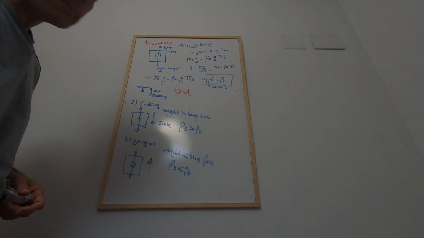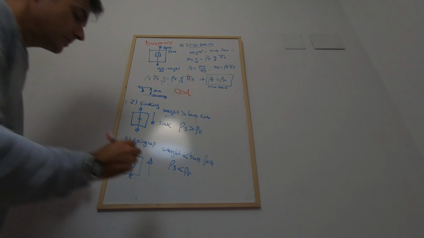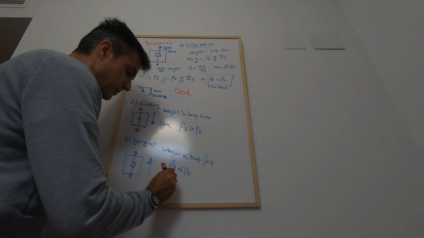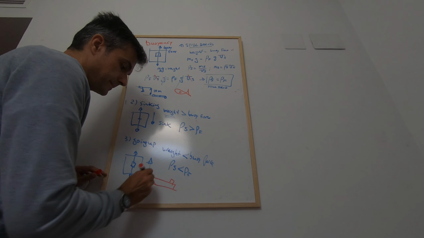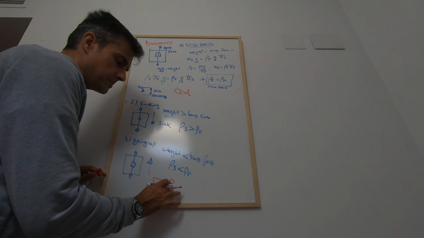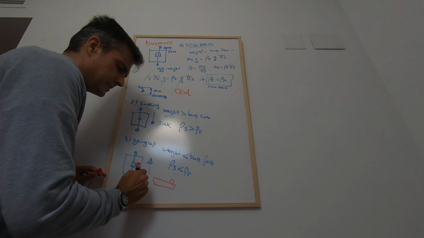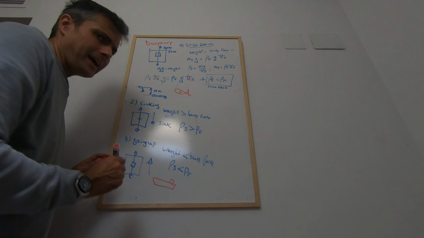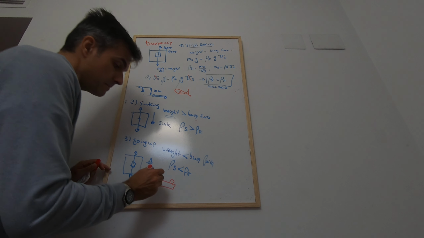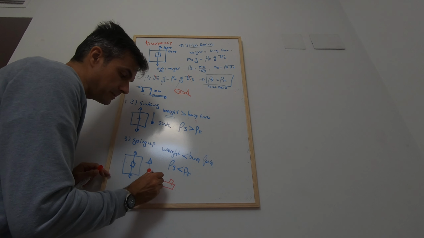So this is what happens with a big ship. How can we have an aircraft carrier that weighs tens of thousands of tons? Because it's less dense, because it's filled with air.